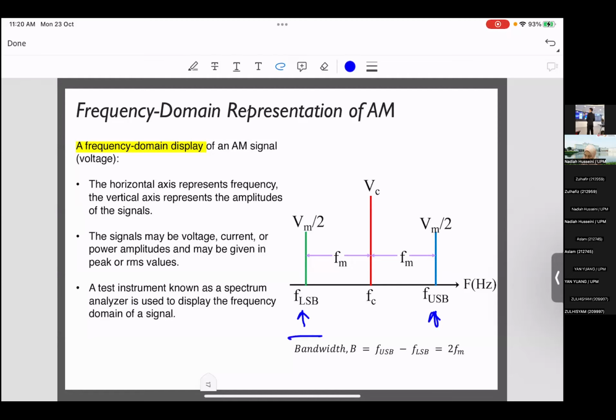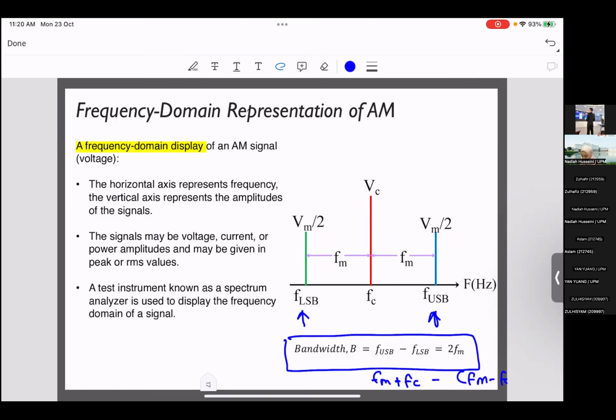So here is another equation I want you guys to focus on, which is the bandwidth called B, whereby bandwidth is FUSB minus FLSB. And remember, FUSB is FC plus FM, and FLSB is FC minus FM.